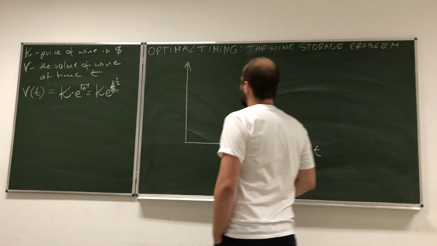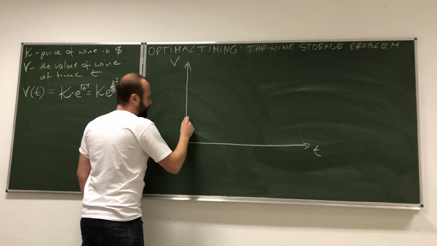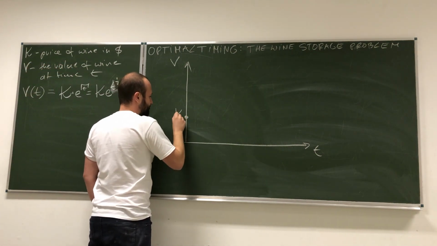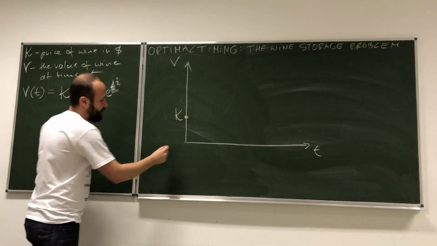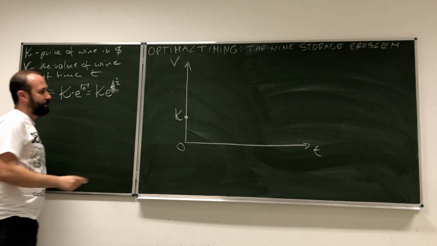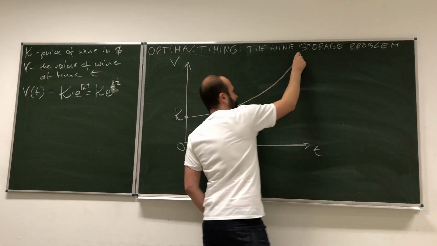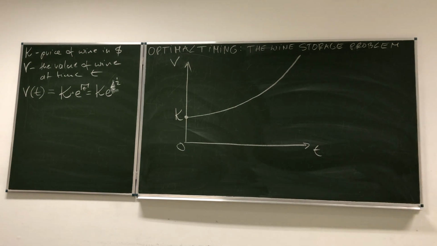So here we have t. This is the value of wine over time. Here we've got some K. So this is our initial amount that we paid for wine. And this is what we would see, right? This is exponential growth.